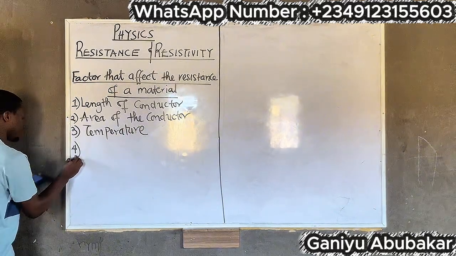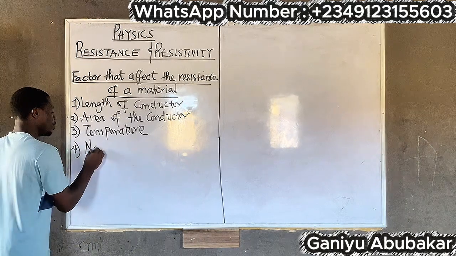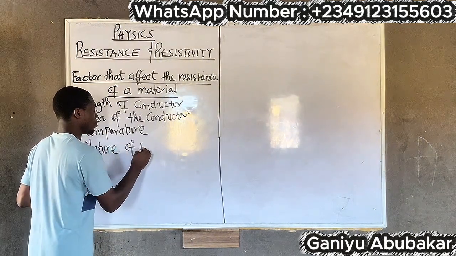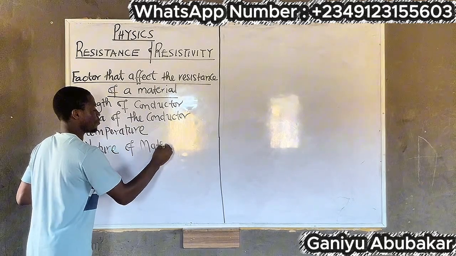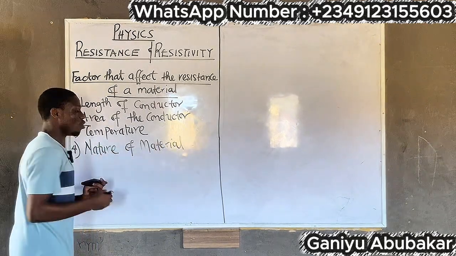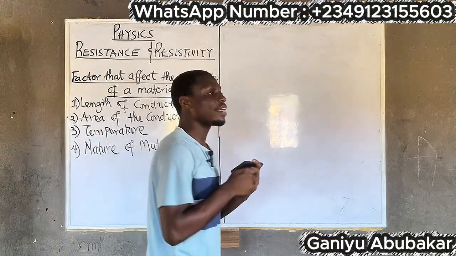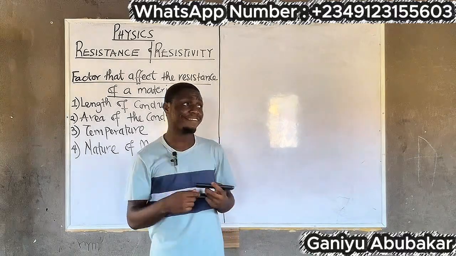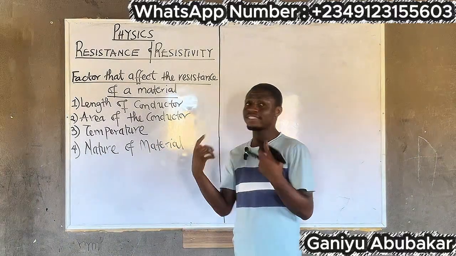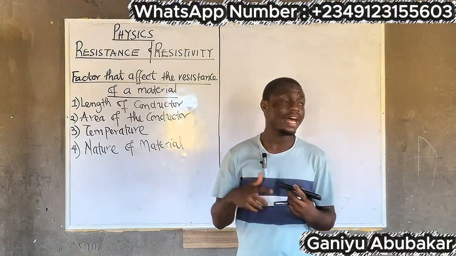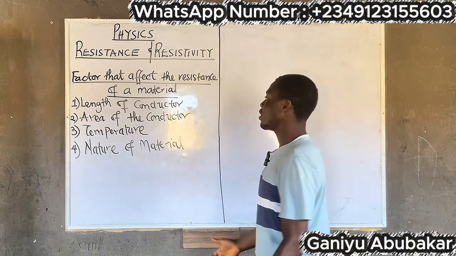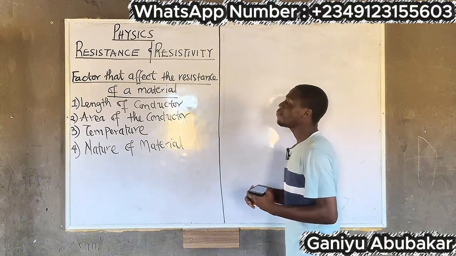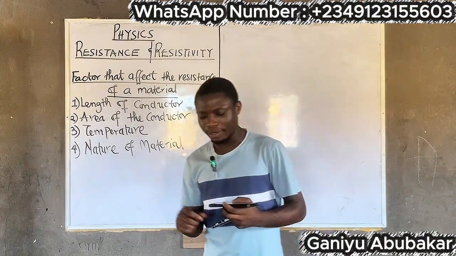Number four, nature of material. These are the four factors that affect the resistance of a material, displayed on the board: length of conductor, area of conductor, temperature, and nature of material.